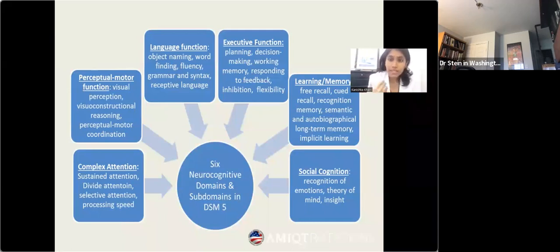The next would be executive function, which talks more about planning, prioritizing, making decisions, and organizing a set of tasks. And the next would be learning and memory, which is a well-known aspect of cognition, and it refers to the ability to record and retrieve information as needed.